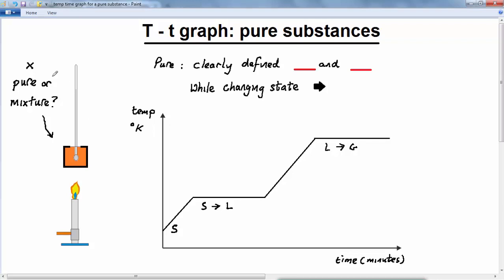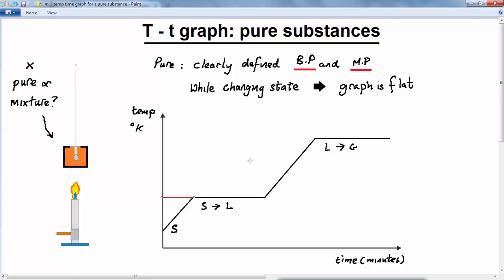So we can say that if X is a pure substance, it has a clearly defined boiling point and melting point. And that is marked by the fact that while it is changing state, the graph is flat or horizontal. So we just need to trace this horizontal bit along until it meets the vertical axis.